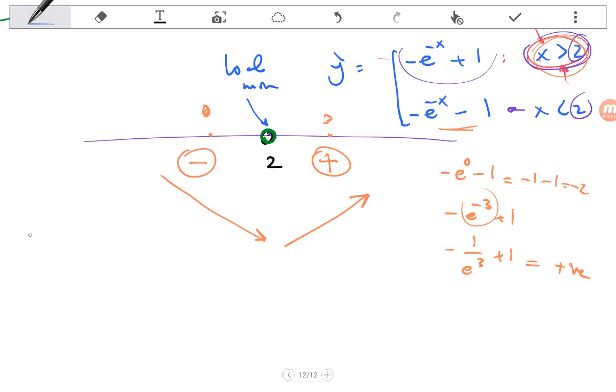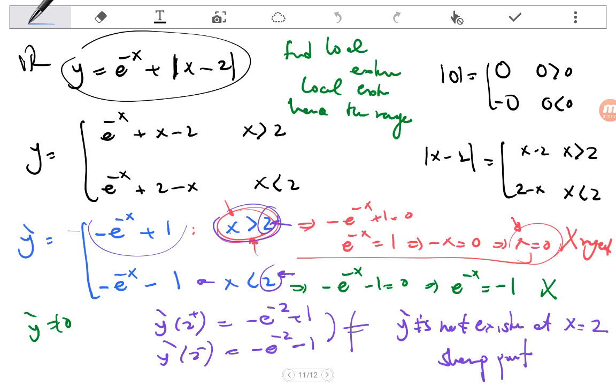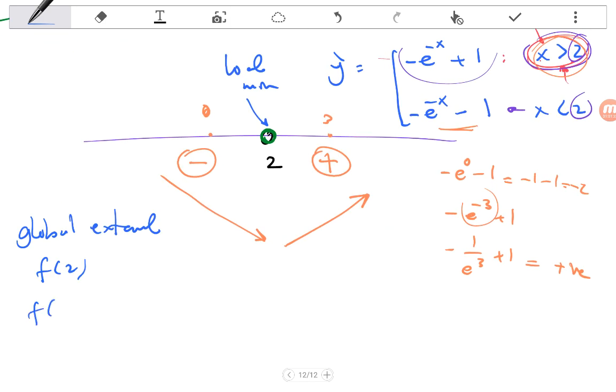Now I need to check the global extrema. How to check the global extrema? We find the critical points, which is only one critical point, which is 2, and we find the boundaries. What are the boundaries of this function? It is infinity and negative infinity. So this is the function e to the minus x plus absolute value of x minus 2.